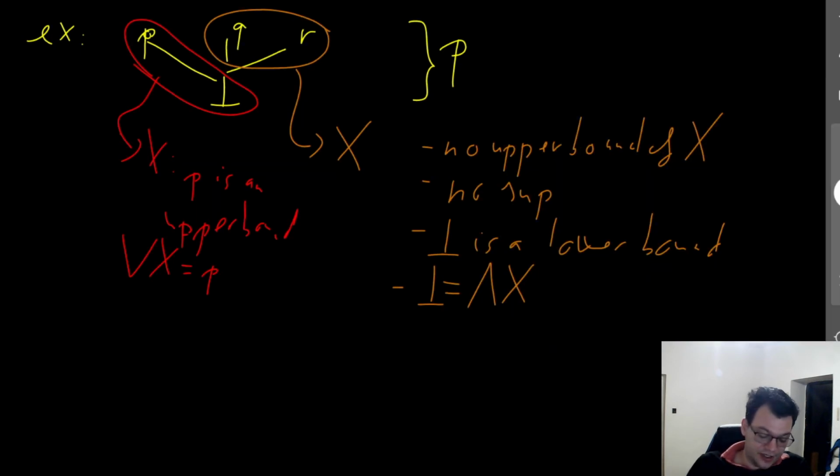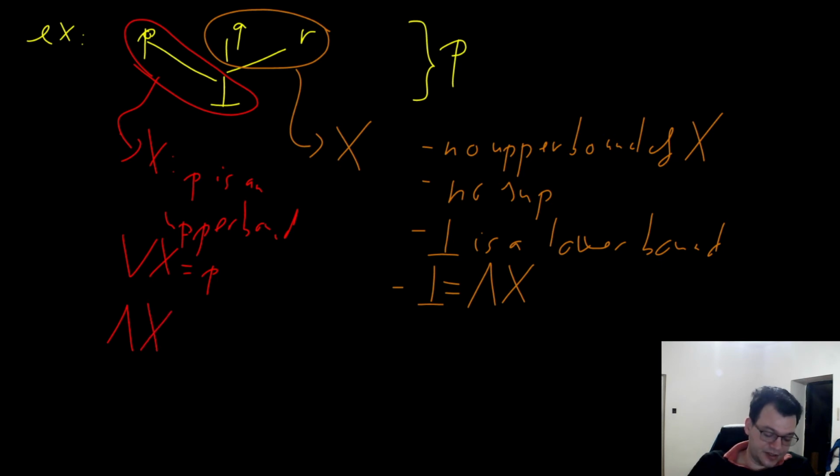Now in the other case, the infimum of that x, of the red x, is also the bottom. And bottom is the only lower bound as well. So in this case we have two different sets having the very same infimum and totally different supremum, because one of these doesn't even have any upper bound, of course. Okay, so that's the difference between infimum and supremum.